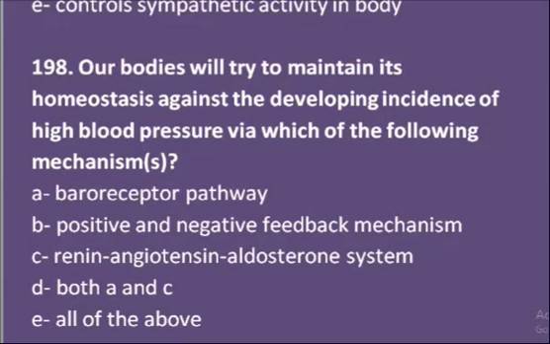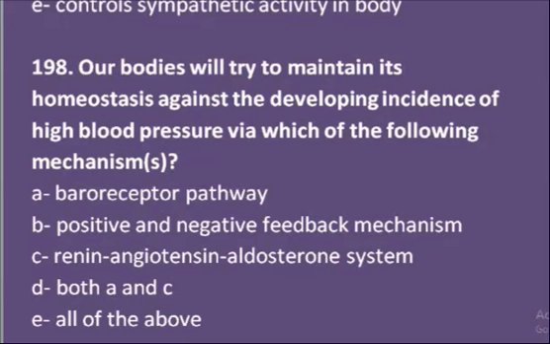D option is both A and C, and E option is all of the above. Actually, when the blood pressure rises, all these mechanisms are involved in the effort of achieving homeostasis.